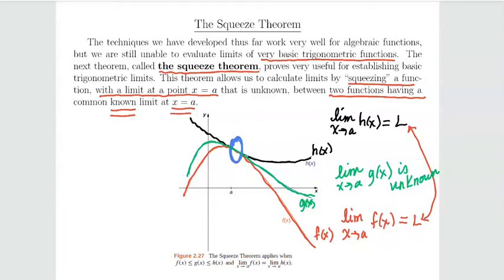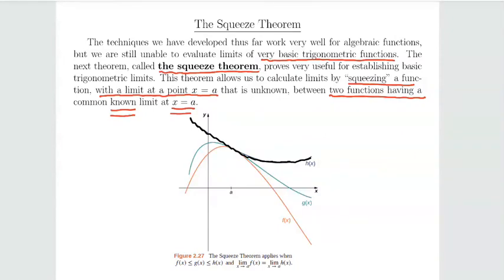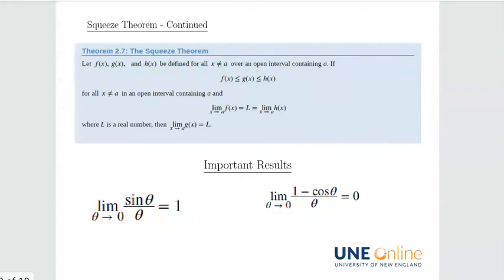So that's the intuition, and now let's do the formal theorem. We're going to let f, g, and h be defined for all x on an open interval containing a, and remember, we don't have to have x equal to a defined. This one's our lower function, this is the middle function that's going to get squeezed with the unknown limit, and this is the upper.